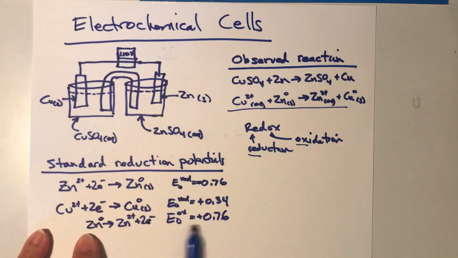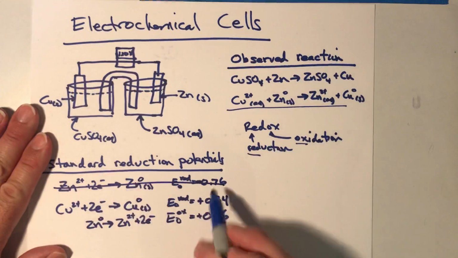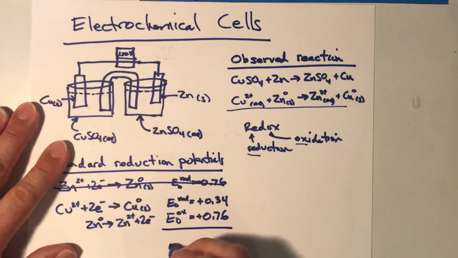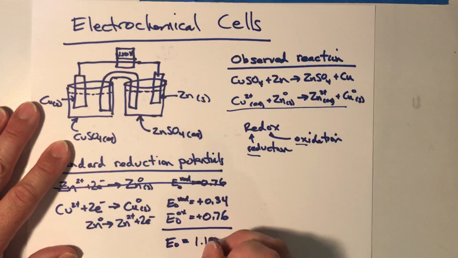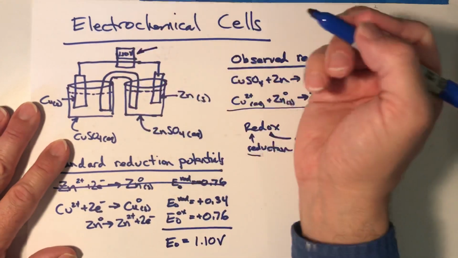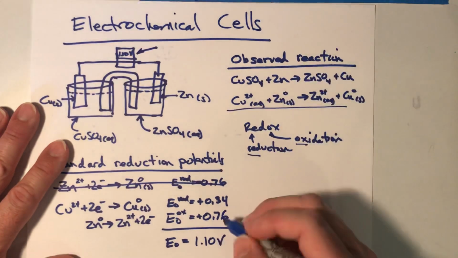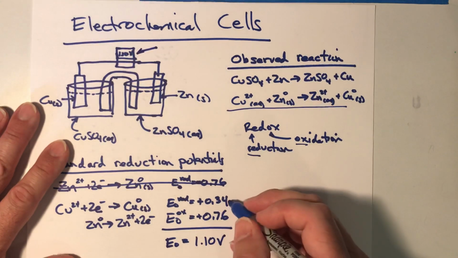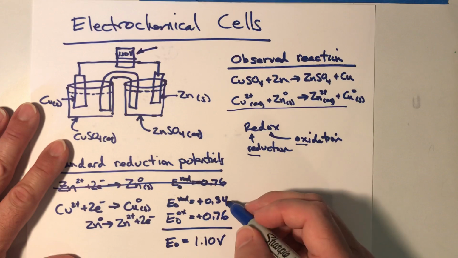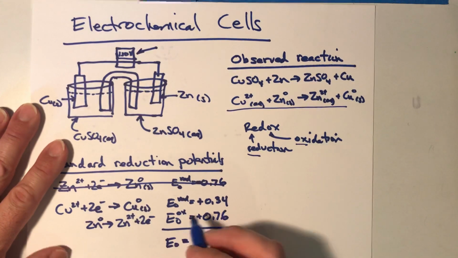So when we look at our reduction potentials, we flip that one around to be oxidized, and it's going to turn out that that's going to add up to a positive overall E naught, and that E naught value is going to be 1.0 volts, which you can't really see, but I tried to draw that up here on my voltage meter. This sum of the E naught red and the E naught ox, in other words, the reduction and the oxidation potential, adds up to the overall cell potential.